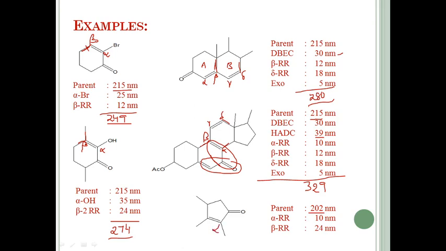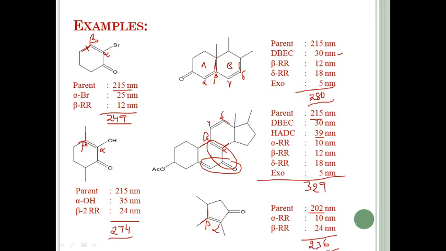So this is the alpha portion and this is the beta portion. At the alpha portion you are having one ring residue, at the beta portion you are having two ring residues. For the alpha portion you have to give 10 nanometer, for beta 12, so totally 12 into 2, 24. On adding all the values you will get 236 nanometer.